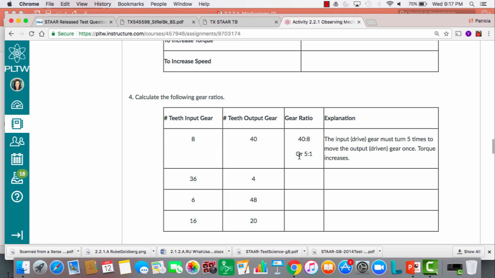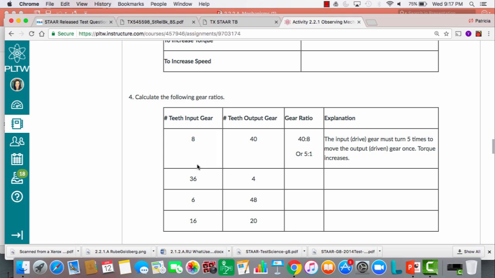Okay? And if you stop and think about that, you're like, wait, what? But you have 40-to-8. Yes, which reduces to 5-to-1. Yes, this is my output. But doesn't it make sense if I go back and look, if my input's smaller, then it is going to move faster than the output.